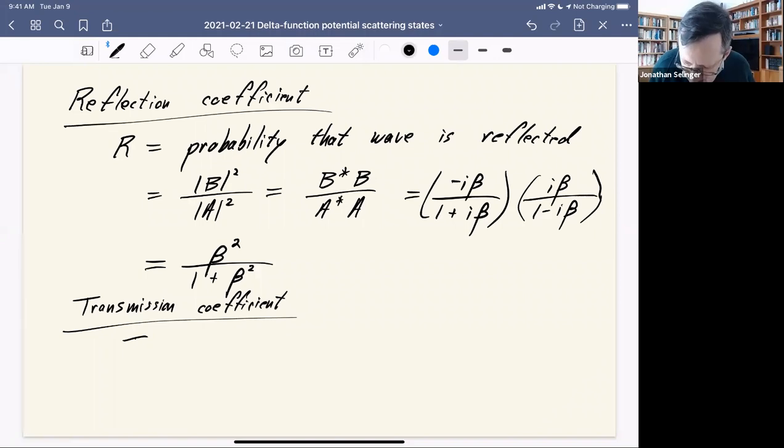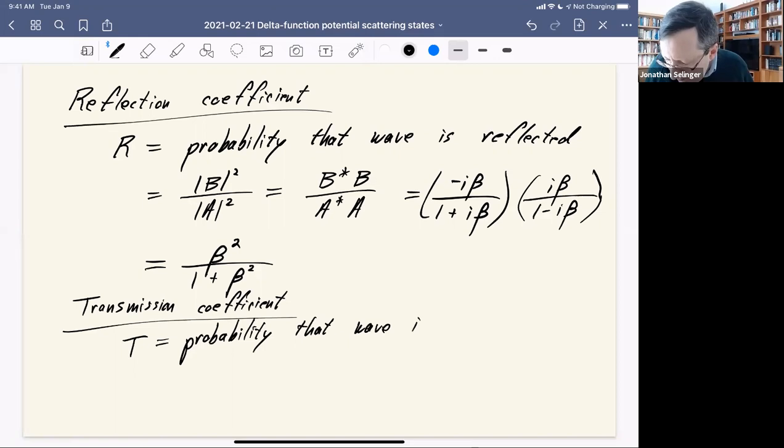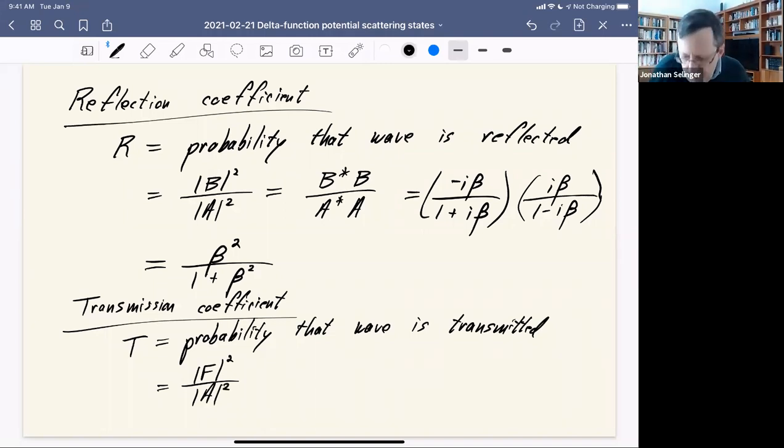So that's T, we could call it, the probability that the wave is transmitted. By the same kind of argument, that is F magnitude squared over A magnitude squared.